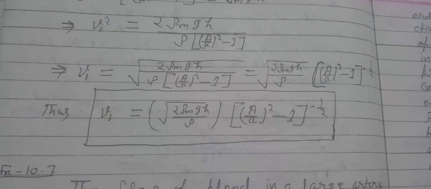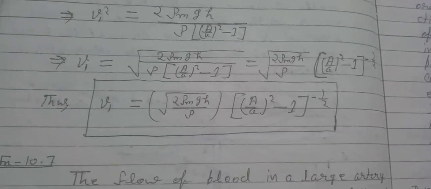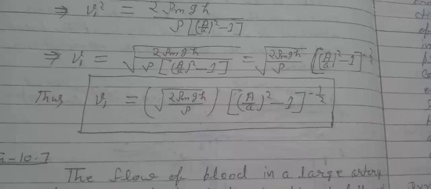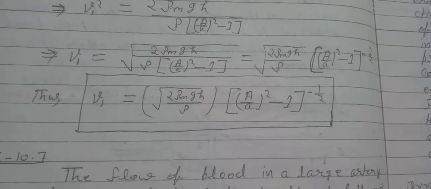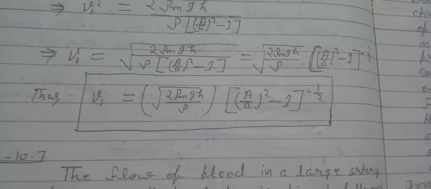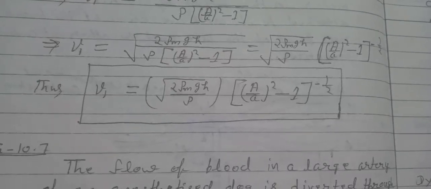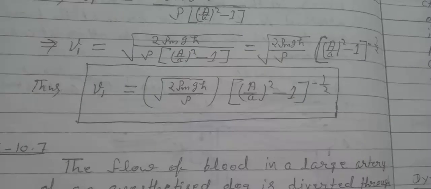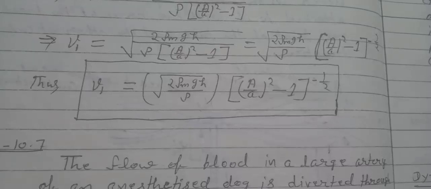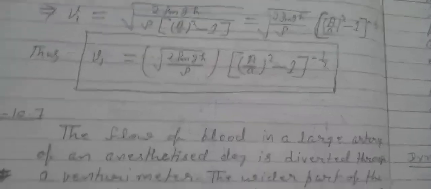Hence V1 equals to under root 2 rho m into g into H divided by rho into under bracket A by a to the whole square minus 1, equals to under root 2 rho m g H by rho into A by a square minus 1 to the power minus 1 by 2. Thus we have V1 equals to under root 2 rho m into g into H by rho into A by a to the whole square minus 1 to the power minus 1 by 2. Answer.